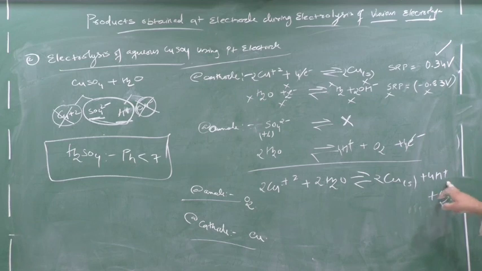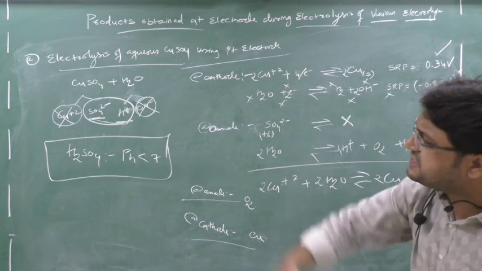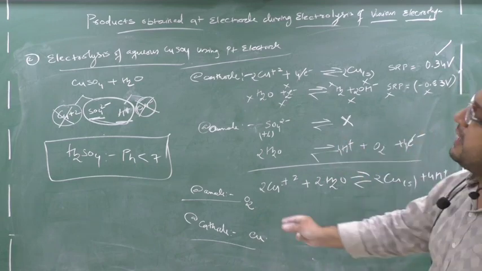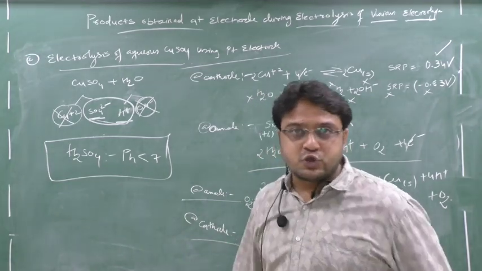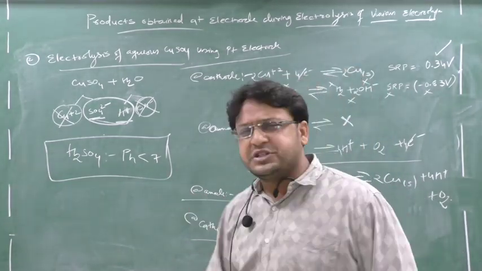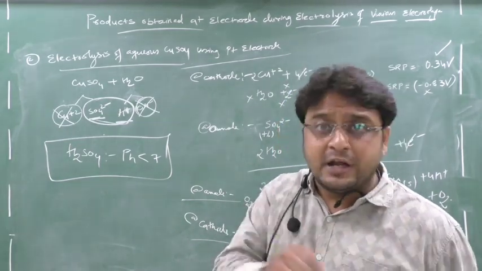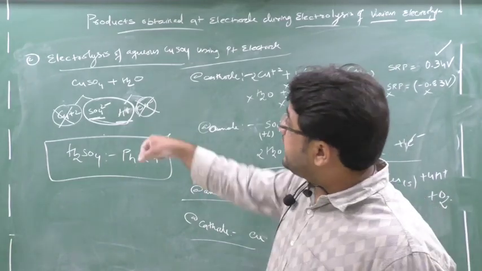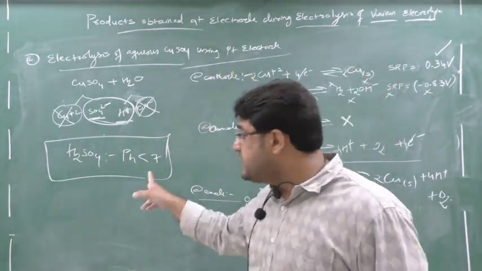H plus is formed during the reaction, and SO4 2 minus remains in the solution, so they combine to form H2SO4, an acid. The final pH will be less than 7.